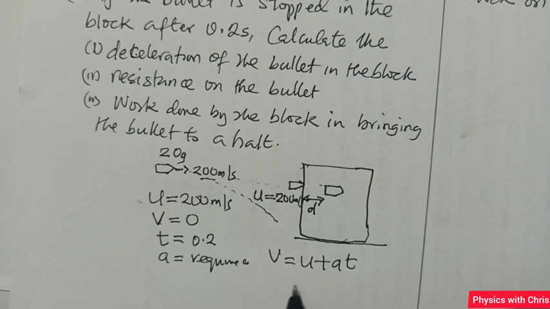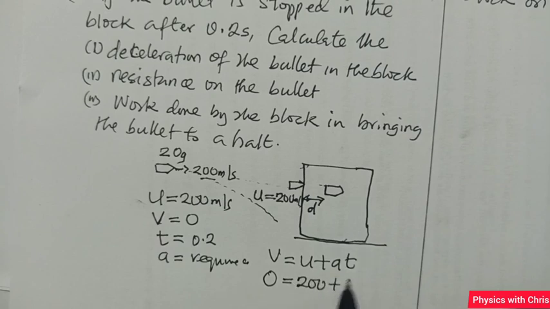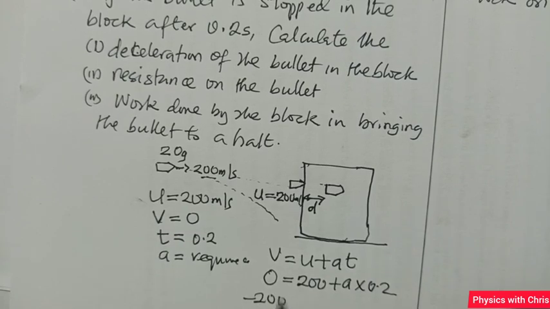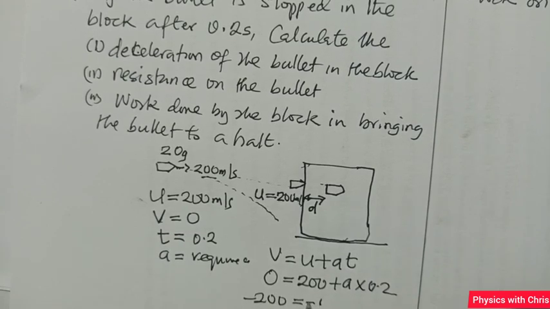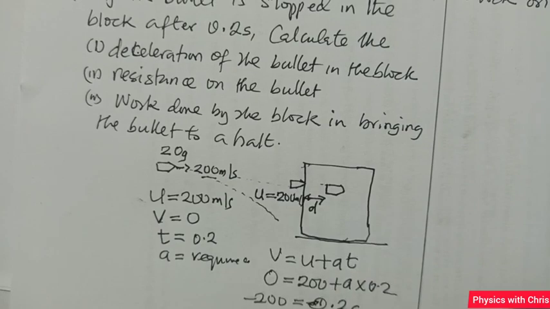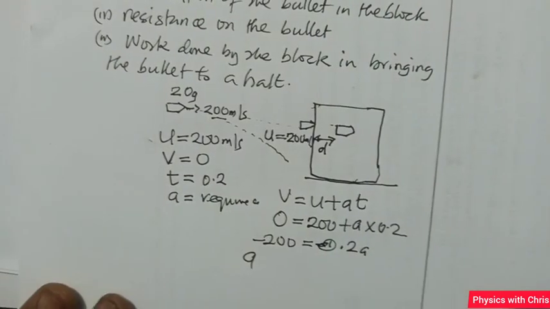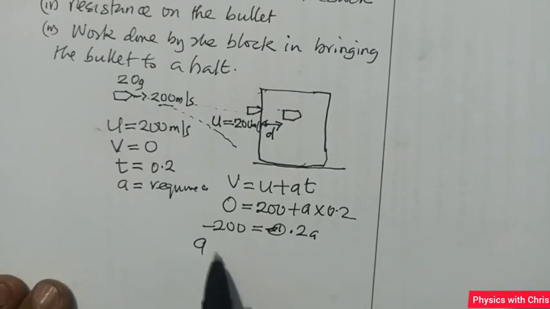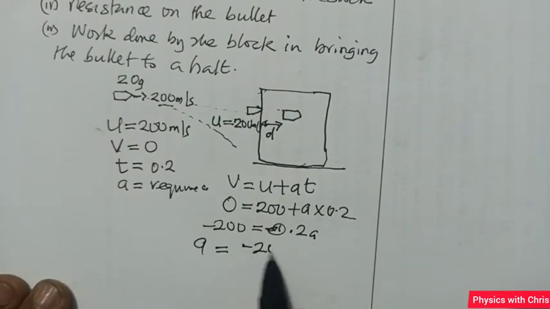So initial velocity is 200 and the final velocity is 0. So I have 0 = 200 + a times 0.2 seconds. So that gives you minus 200 equals 0.2 times a. So dividing both sides by 0.2, the acceleration a gives me minus 200 divided by 0.2.